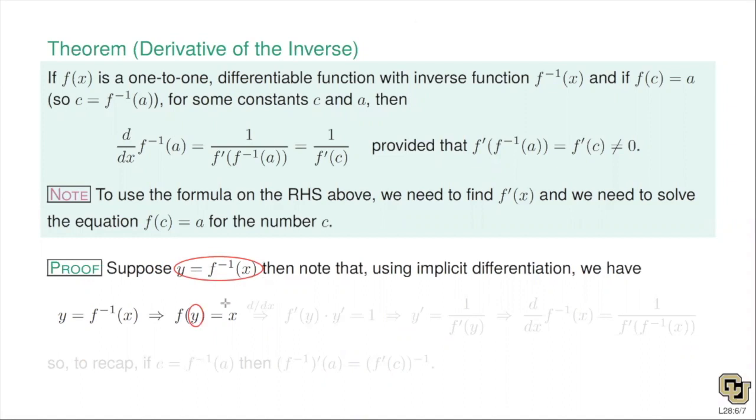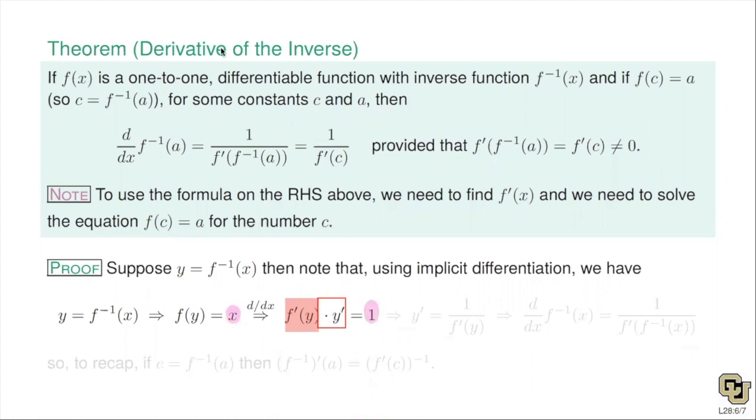So f of y is a composition of functions of x. So when I differentiate with respect to x, I need a chain rule. So here I have the derivative of the outside evaluated at the inside times the derivative of the inside. On the other side, the derivative of x is just 1.